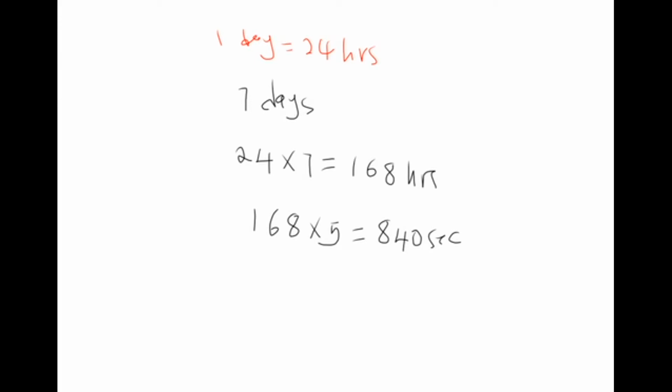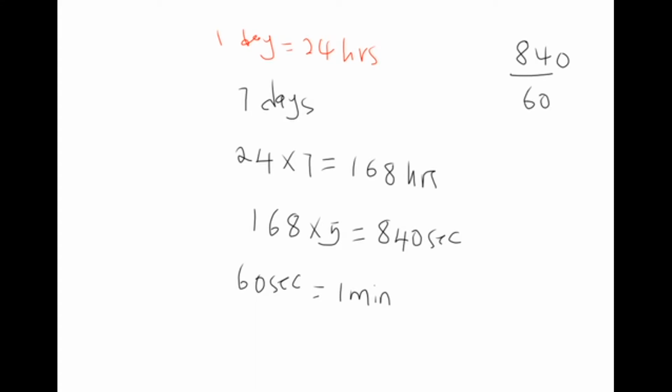And then we convert these seconds into minutes. 60 seconds are equivalent to 1 minute. Therefore, to convert these 840 seconds into minutes, we shall divide by 60.